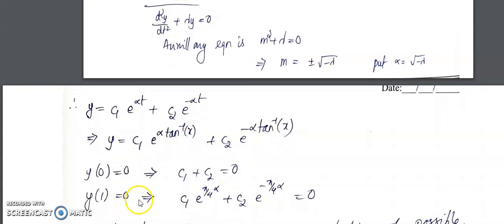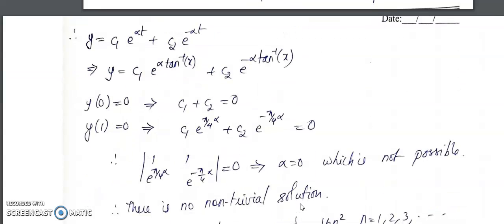Now y of 1 equal to 0 will give c1 e raised to alpha pi by 4 plus c2 e raised to minus alpha pi by 4 equal to 0. Now for a non-trivial solution, the determinant must be equal to 0.